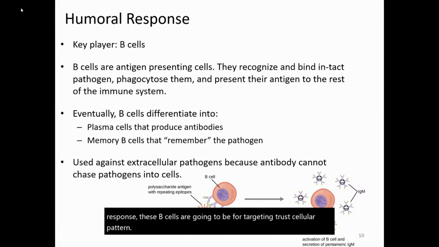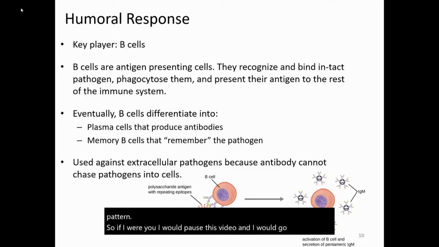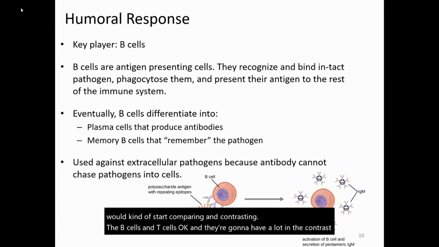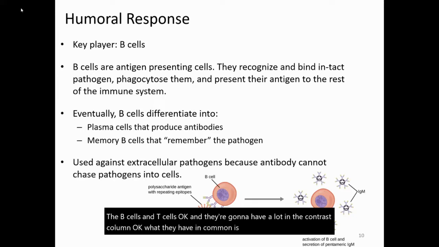So if I were you, I would pause this video and go back and start comparing and contrasting the B cells and T cells, okay? And they're going to have a lot in the contrast column. What they have in common is they're trying to clear up an infection, but they have different targets, they recognize different things.